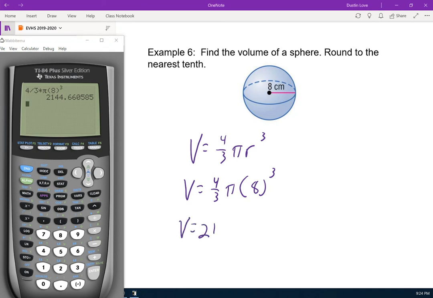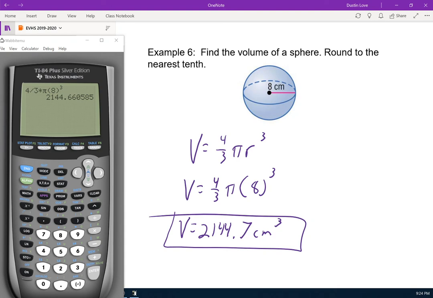Volume equals 2144.7 centimeters cubed. That's just a glorified calculator problem. All you gotta do is type it in.